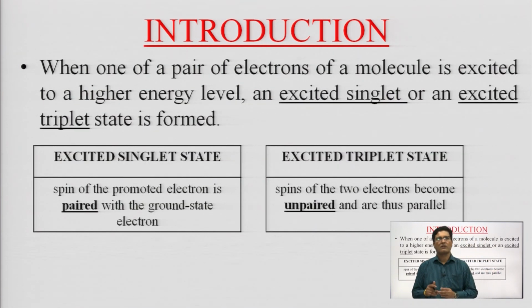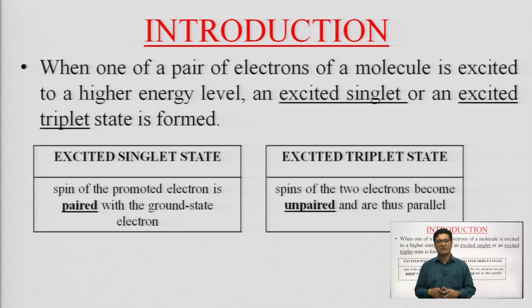When one electron of a pair in a molecule is excited to a higher energy level by supplying a particular amount of energy, an excited state is produced, and that excited state may be either a singlet or a triplet state. What is the basic difference?